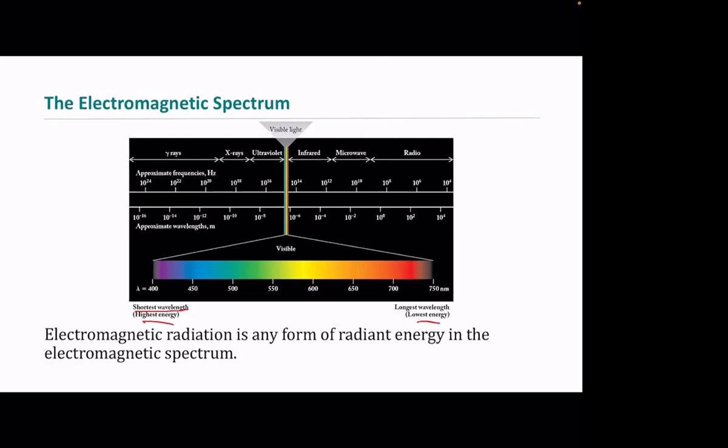Visible is somewhere in the middle. And there's the visible spectrum running from violet to red. Right next to violet is ultraviolet, and right next to red is infrared. That's a good way to remember it.